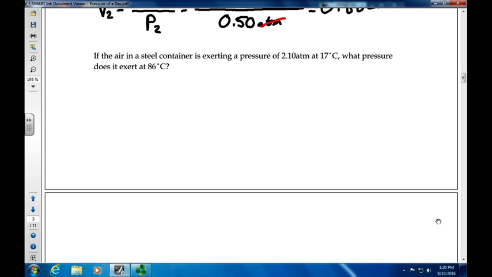Well, that's relatively simple as well. The equation when volume and number of moles are constant is P1 over T1, or P initial over T initial, is equal to the final pressure over the final temperature. Again, we'll want to convert all of our temperatures to Kelvin because Kelvin can be related to itself very easily.